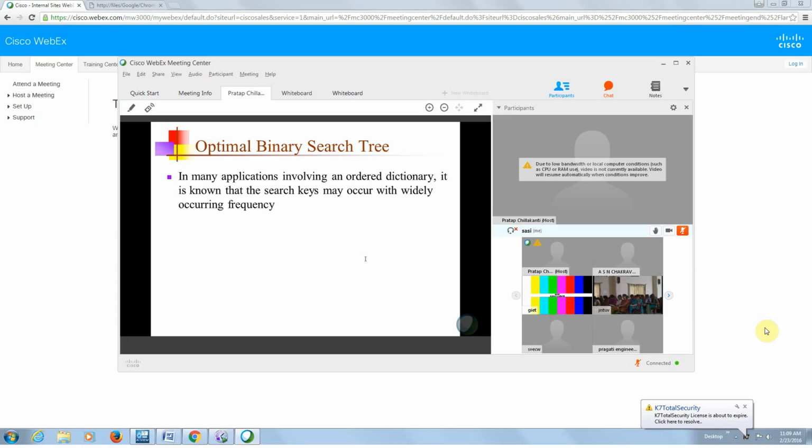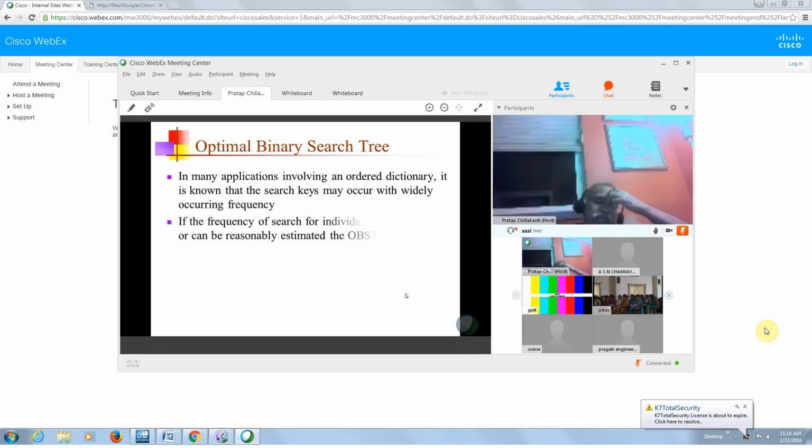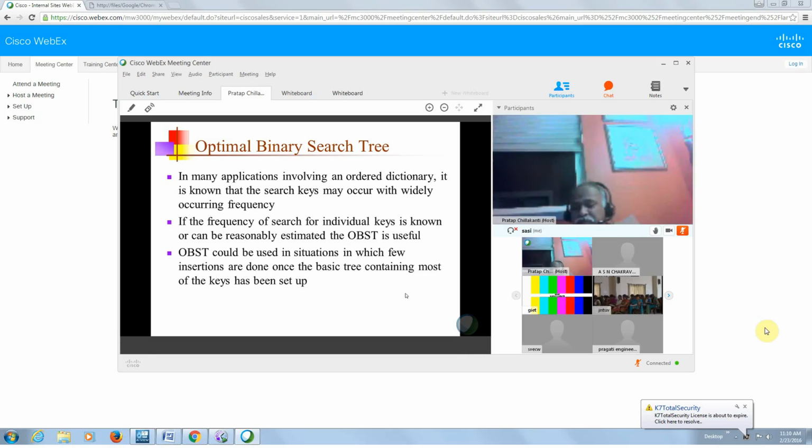Questions, students? Okay. Important. We typically use these trees after the basic tree is built, because if you do insertions, remember there are some examples in the community too, the tree can be uprooted.